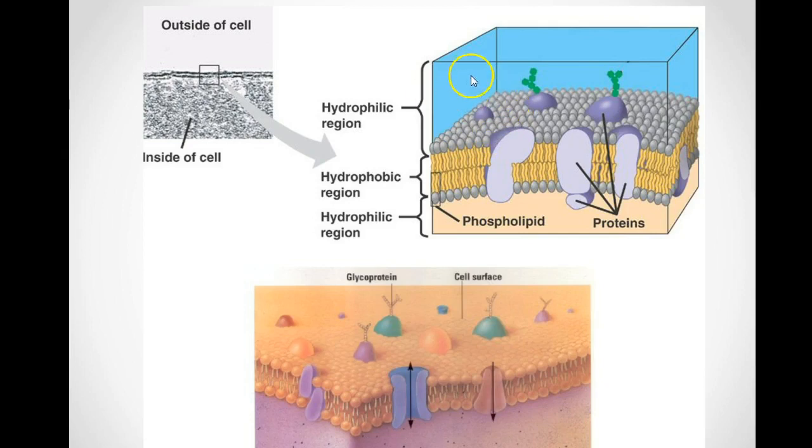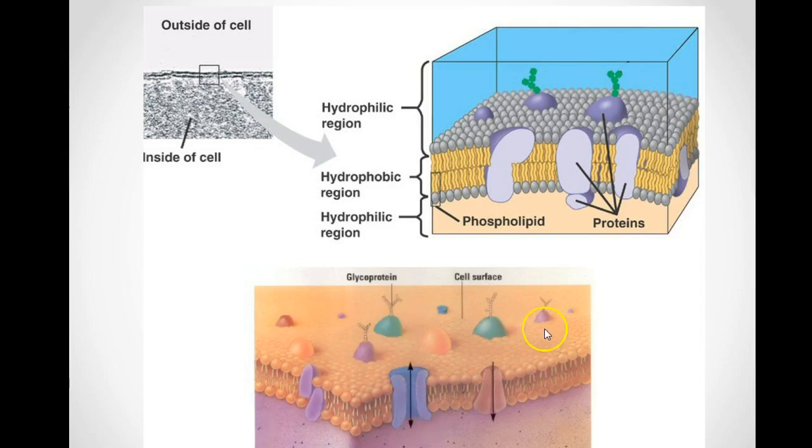So areas where you find water, which is outside the cell and inside the cell, you want these phosphate heads to be pointing outwards. And in between, we have this hydrophobic region, which is helping to prevent molecules from just freely moving through here. And then we have a whole bunch of proteins, and these proteins are basically like channels. So they can help different things move through the membrane.